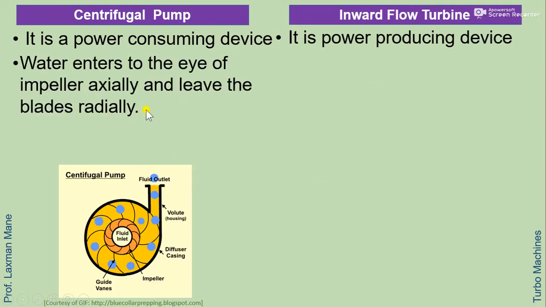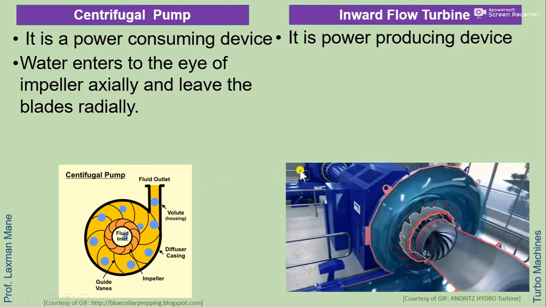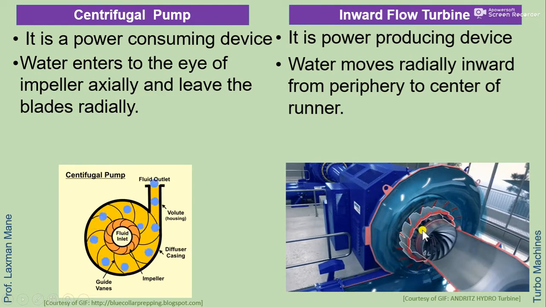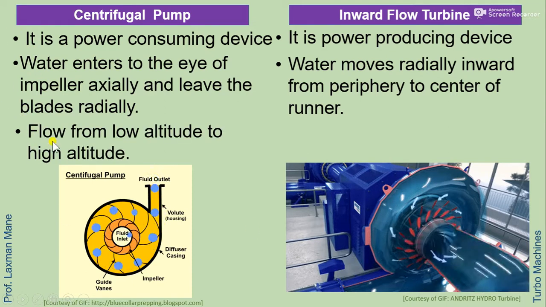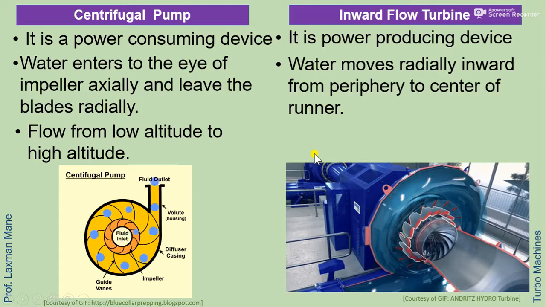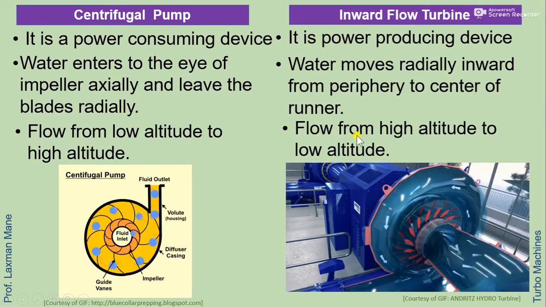In case of centrifugal pump, water enters to the eye of impeller axially and leaves the blade radially, while in case of inward flow turbine, water moves radially inward from periphery to center of runner. In case of centrifugal pump, water flows from low altitude to high altitude, while in case of turbine, water flow takes place from high altitude to low altitude.